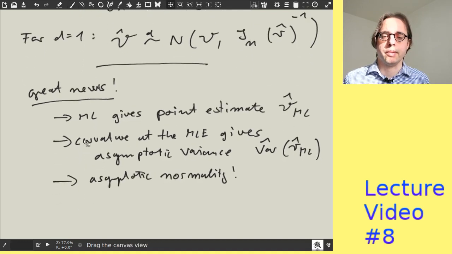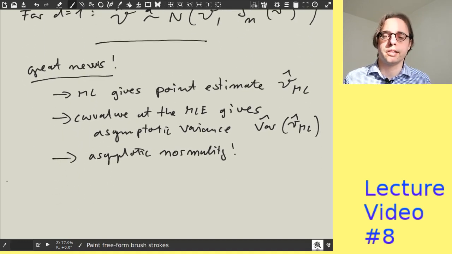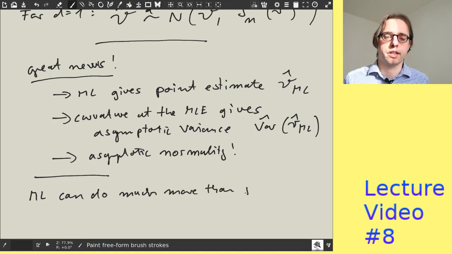So ML, to summarize, can do much more than just estimating theta.